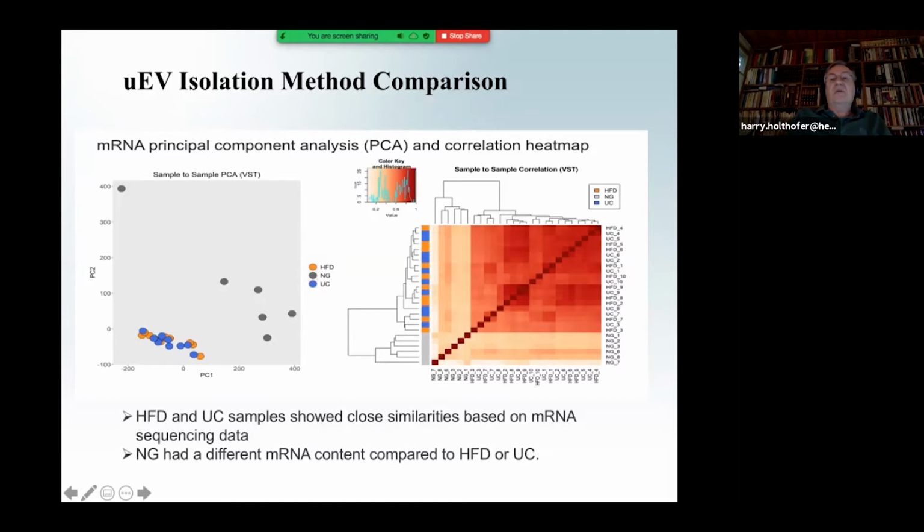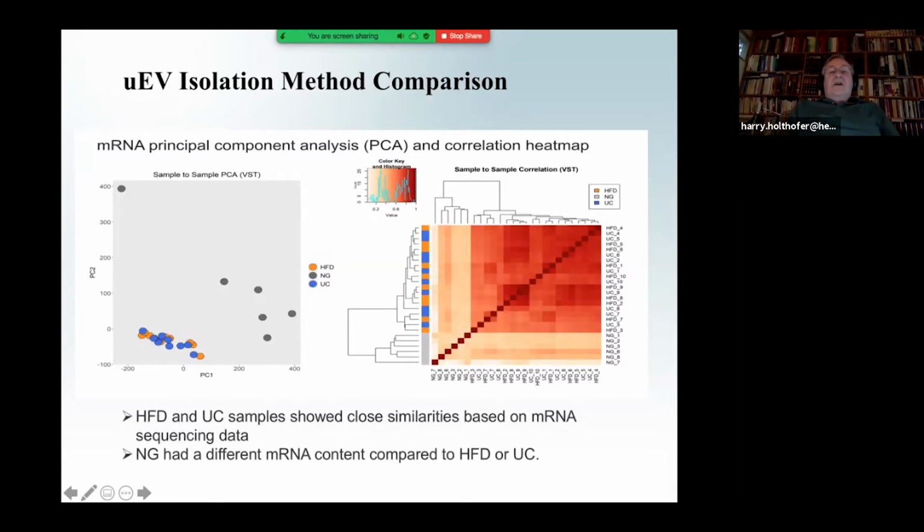We can find a nice correlation between the UC centrifugation and HFD, whereas the kit-based methods run differently here.